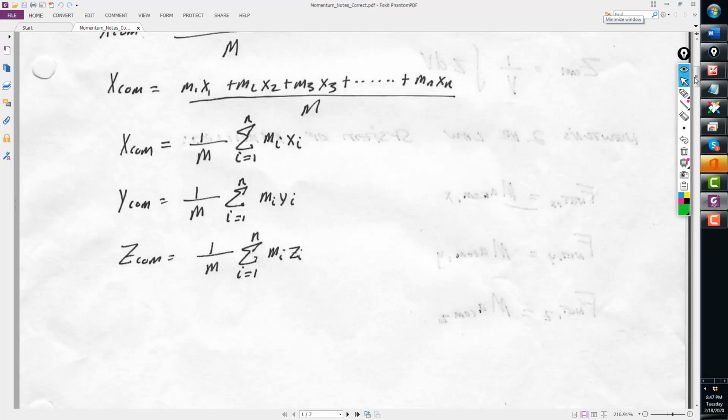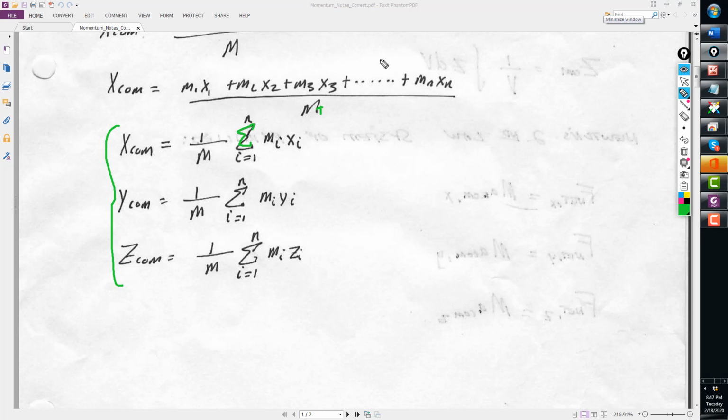Now, the center of mass takes place in 3 dimensions, so we calculate each one separately. If we take this center of mass equation here, first of all, and we take out the total mass, this big M, we can do a summation notation here, which is the sum of m_i x_i from i equals 1 to i equals n.